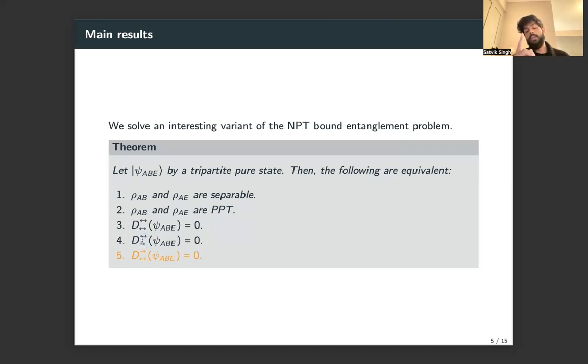But the reverse implication is the non-trivial one, because it is certainly reasonable to imagine that this quantity is 0, but allowing backwards communication from Bob to Alice makes the quantity in the third statement non-zero. So the reverse implication is the non-trivial one.